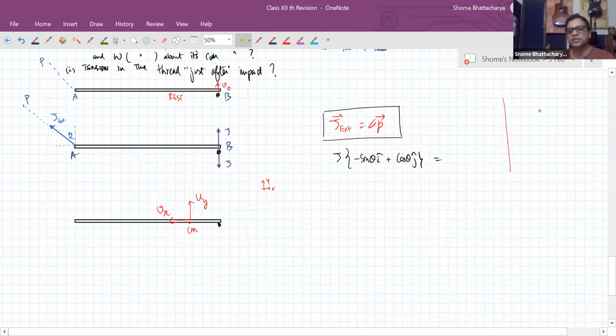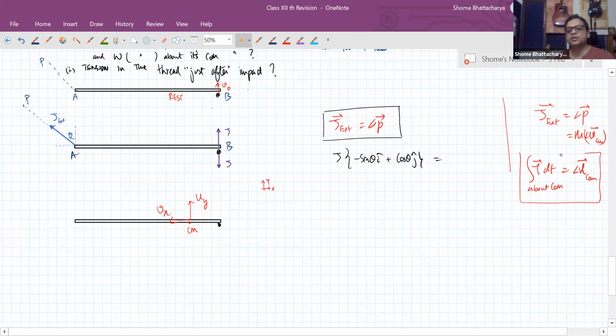The simple thing is that the net external impulse is equal to change in linear momentum. So that is m into delta v of center of mass. Total mass, that is. In this case, it's 2m, of course. And the angular impulse, that is tau dt integrated about com, is equal to change in angular momentum about center of mass.